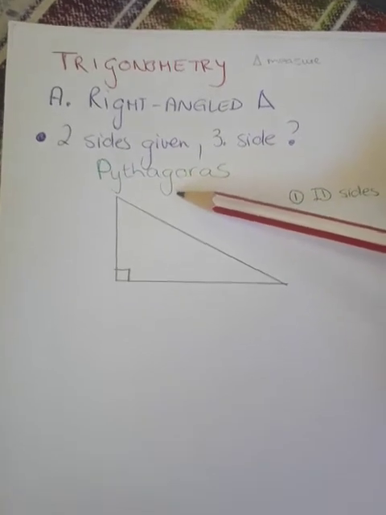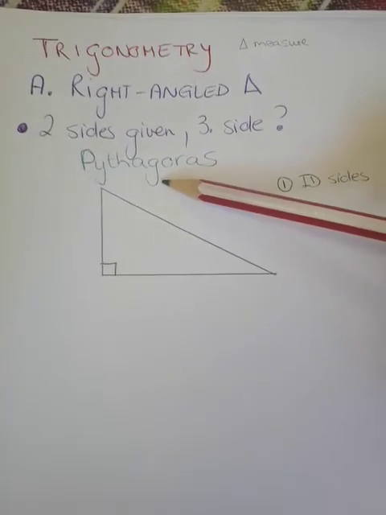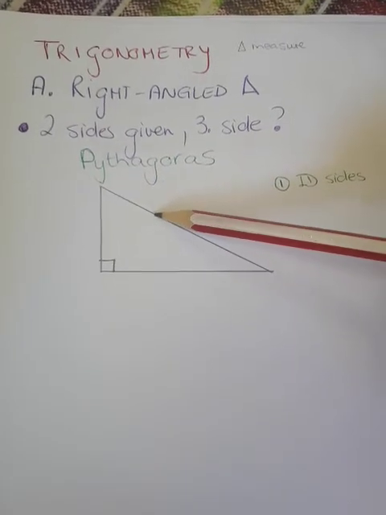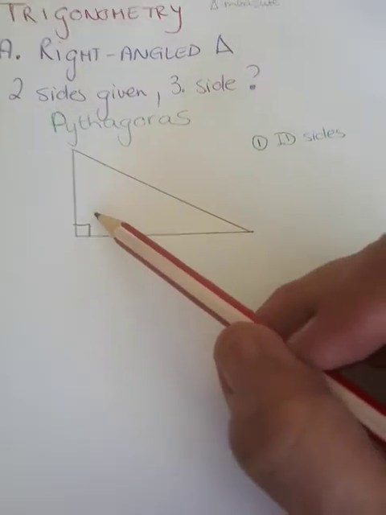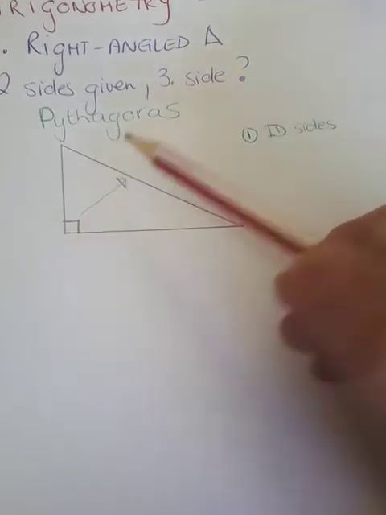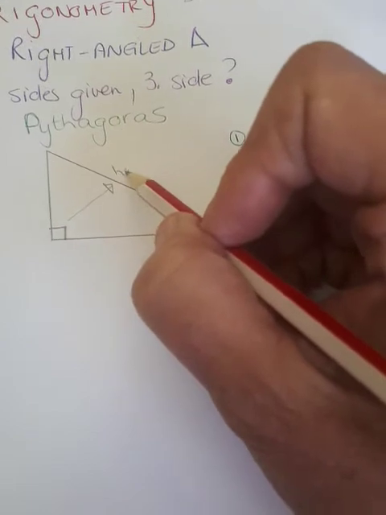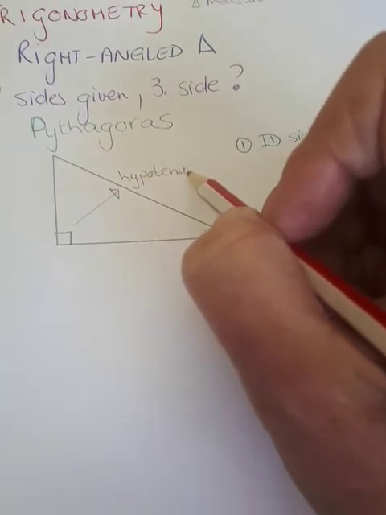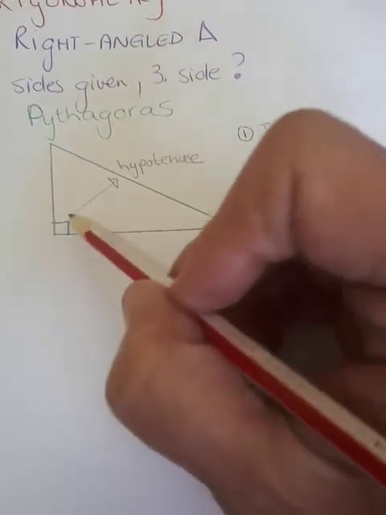But now, before we can actually look at what is Pythagoras, I want us to first look at the right angle triangle. Remember that the side that is opposite the 90-degree angle is called the hypotenuse, and that is always the longest side, okay?